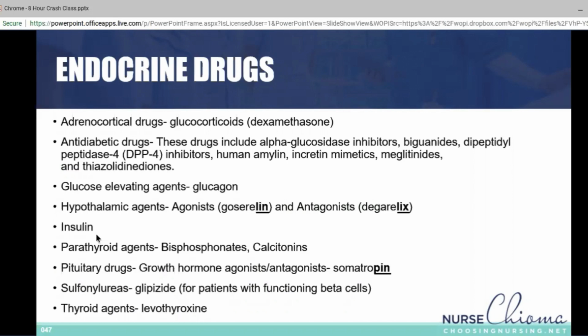You're learning what each of them falls under, what they do, and what the side effects and adverse effects are for each of them that I'm listing for you here. Insulin is a little bit different, because with insulin you also want to know the onset, the peak, and the duration. All right, so these are your endocrine medications to be familiar with.